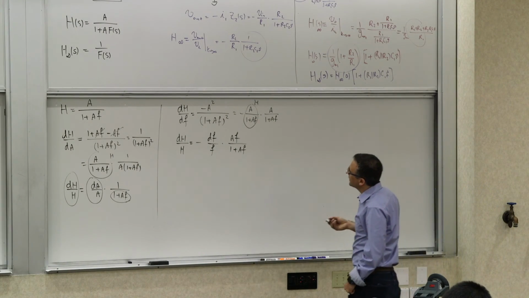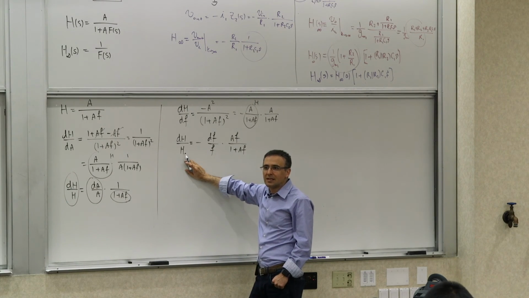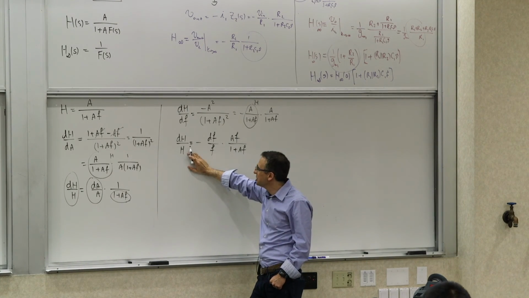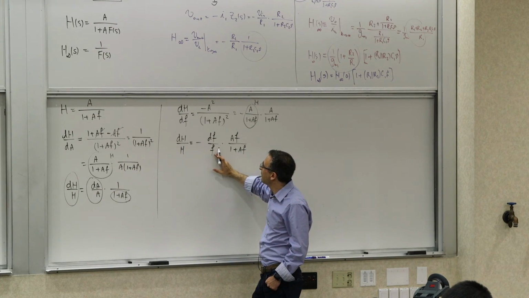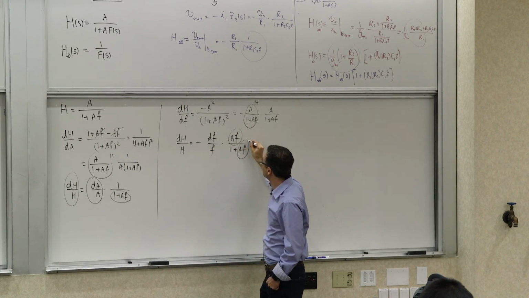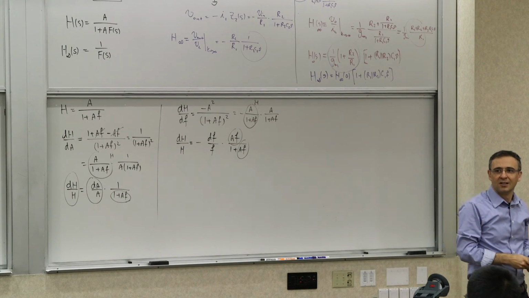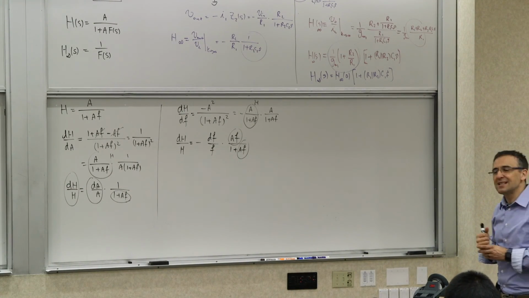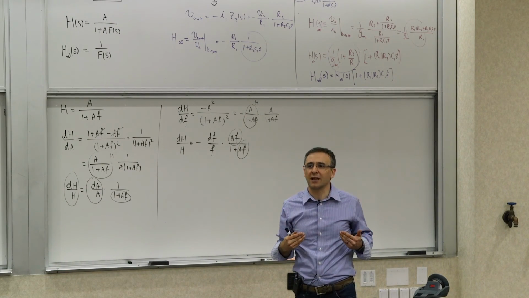So look at this now. This H is almost as sensitive to F, right? Variations in F result in similar variations in H, because if AF is large, this ratio is almost 1. So whatever variations you have in your feedback network would directly reflect themselves in the transfer function.